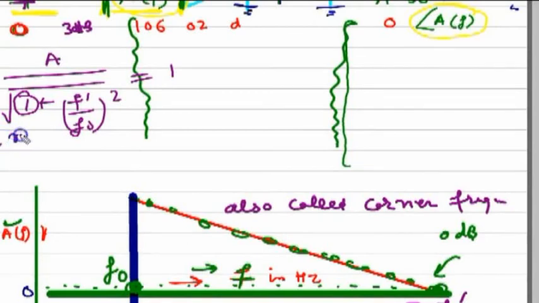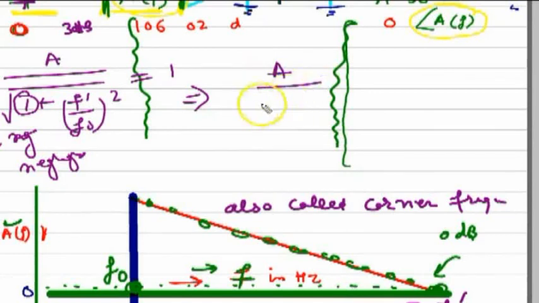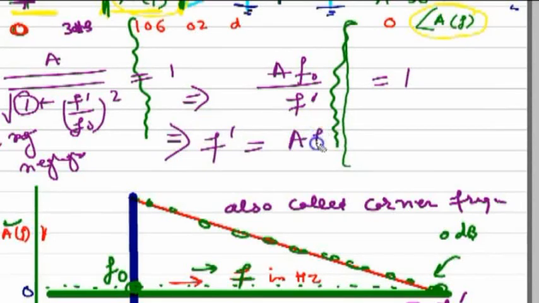Then the root of (F dash over F naught) squared just leaves F dash over F naught. So it becomes A times F naught upon F dash, equal to 1. From here we find the value of F dash. F dash is equal to A into F naught.